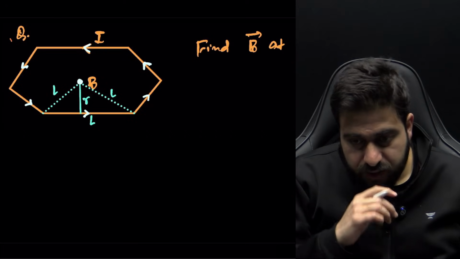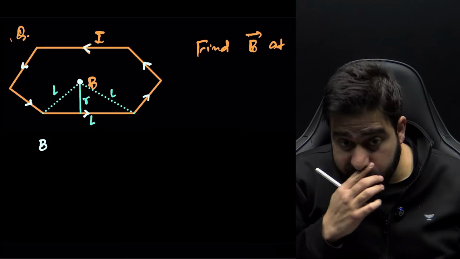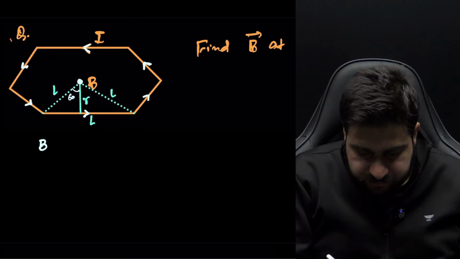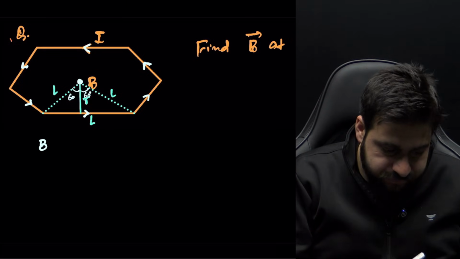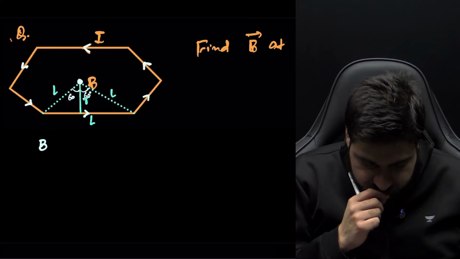So the magnetic field due to this one wire. Guys, in case of a hexagon, this angle would be 60. This is what we do in case of a hexagon.